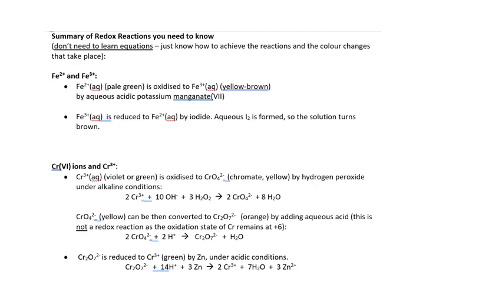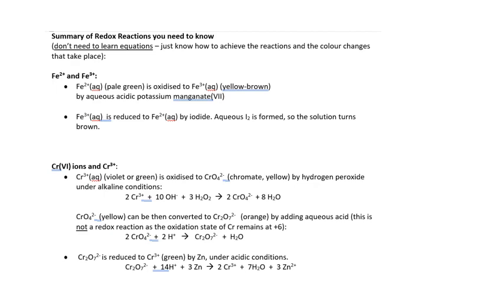In the case of chromium, you need to know about the oxidation of chromium 3+ to chromium 6+. Remember, it's not a Cr6+ ion, it's a complex, an ion with oxygens in there, which is chromate.